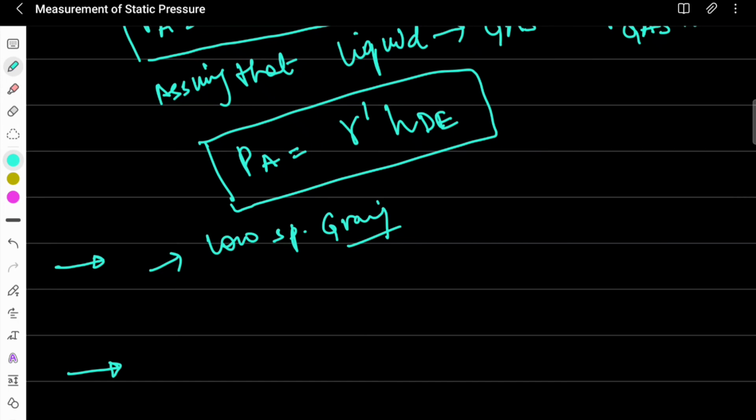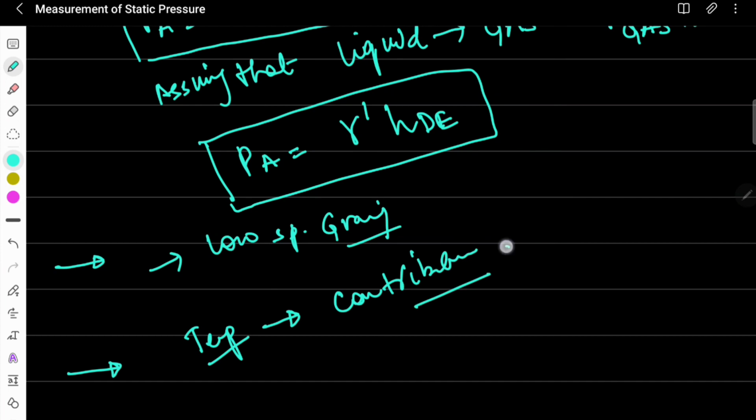The second important point is that if you want to go for a very precise measurement, temperature also affects the specific gravity of the liquid which is filled inside. So if you consider the contribution from temperature in the specific weight, then you can go for a more precise calculation, a more precise measurement of the pressure.